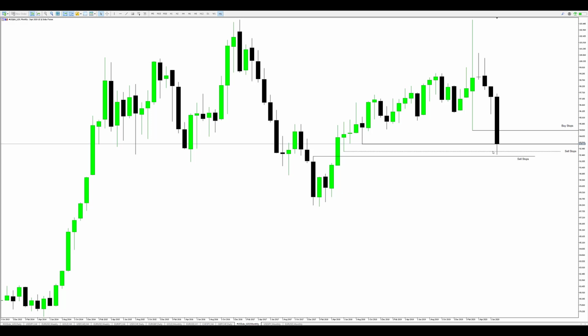Long-term wise, dollar index is in a bearish institutional order flow. Whether it's from a daily or weekly or monthly, we're in a bearish institutional order flow.